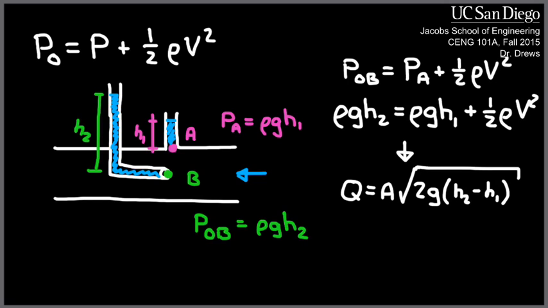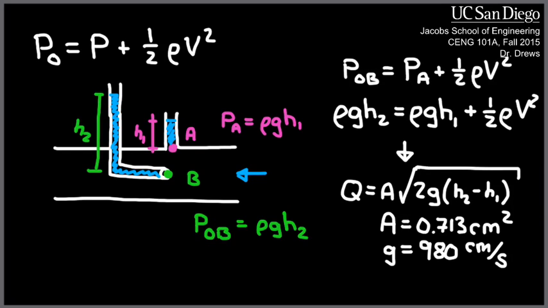So who's got a calculator? Somebody got a calculator? Want to get out their calculator? I will tell you that A, which I measured before I got here, is 0.713 centimeters squared. And for the purposes of this problem, G is equal to 980 centimeters per second squared.